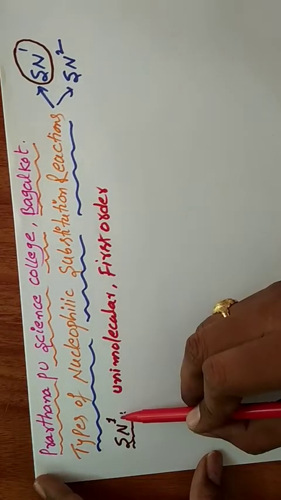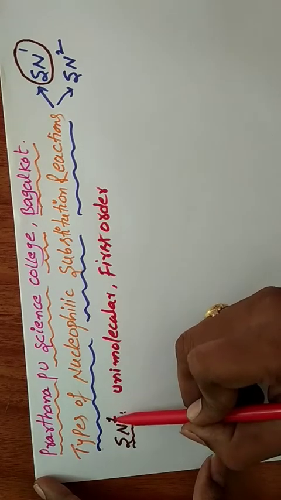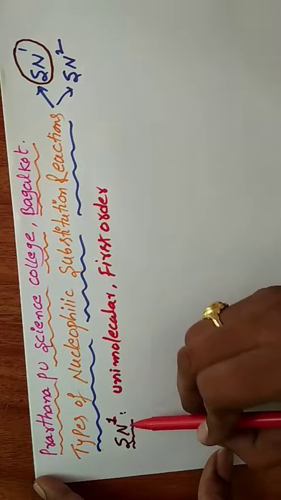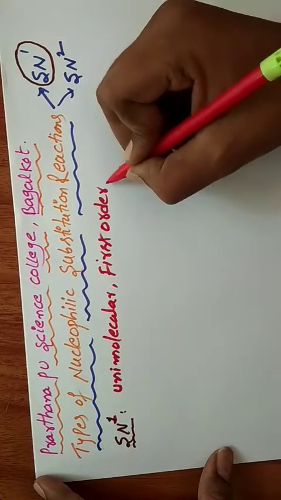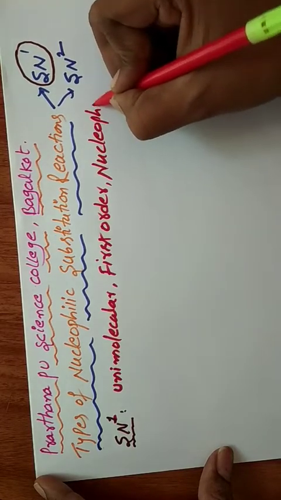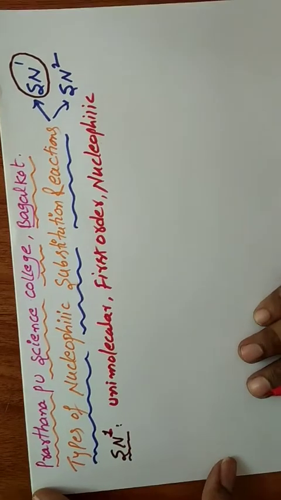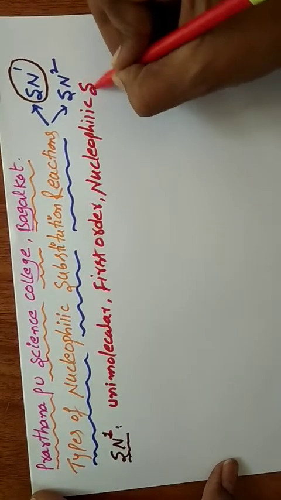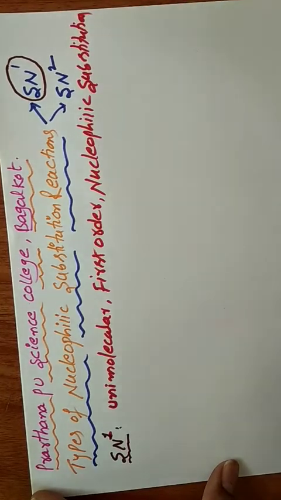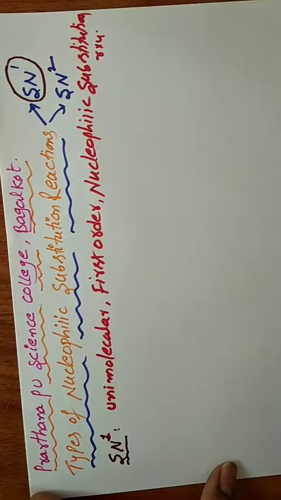In this SN1, 1 means unimolecular, next first order. N means nucleophilic. S stands for substitution. Nucleophilic substitution reaction. Okay, this is the meaning.